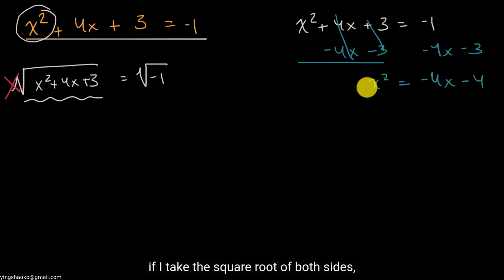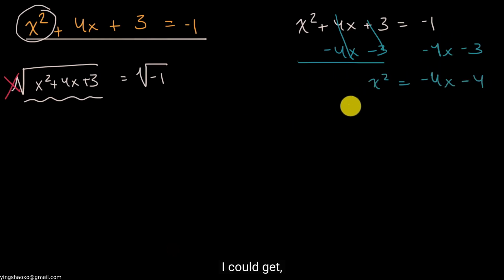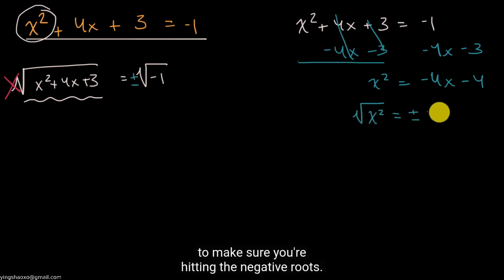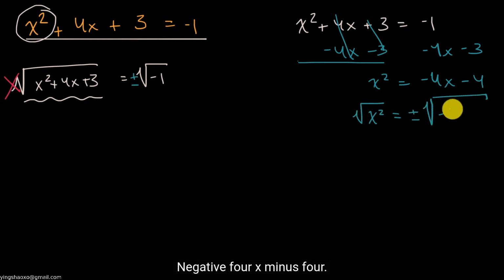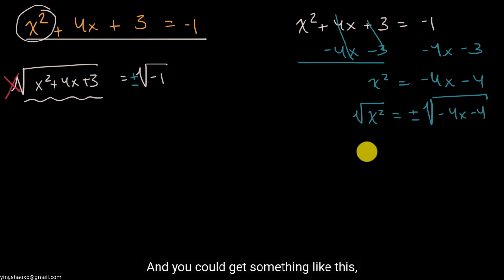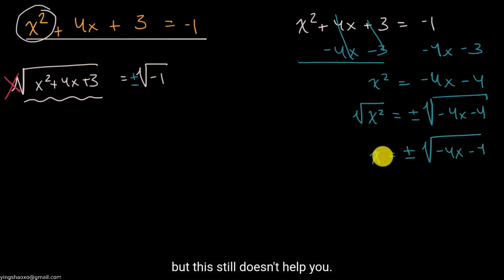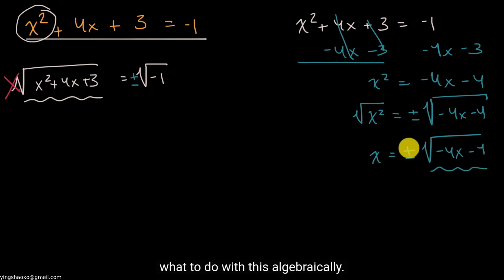And now someone might say, if I take the square root of both sides, I could get, and I'll just write that down, square root of x squared is equal to, and you could try to take the plus or minus of one side to make sure you're hitting the negative roots, negative 4x minus 4. And you could get something like this. You would get x is equal to plus or minus the square root of negative 4x minus 4. But this still doesn't help you. You still don't know what x is, and it's really not clear what to do with this algebraically. So this is yet another dead end.